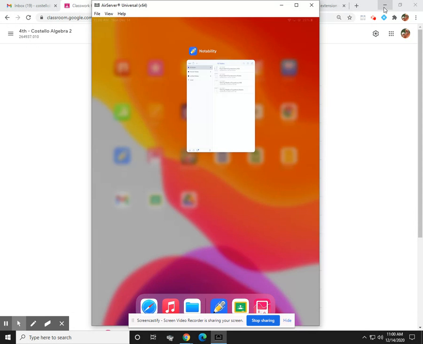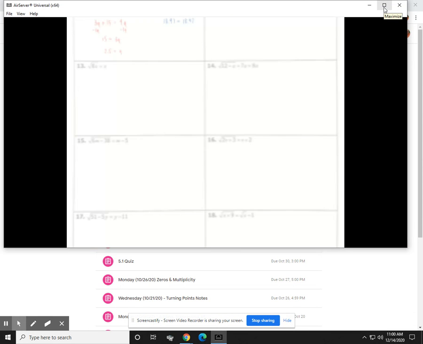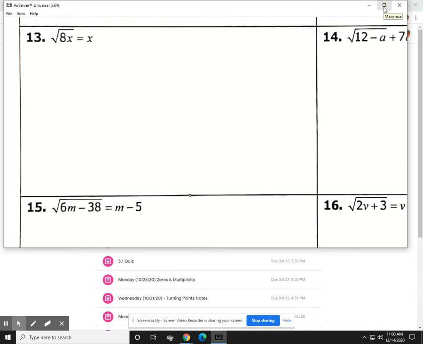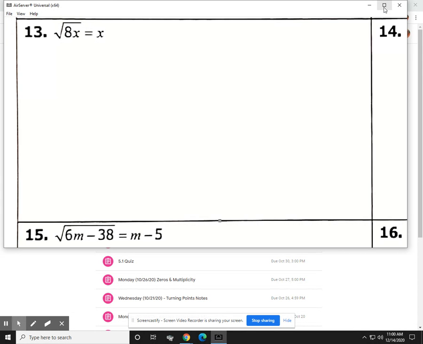Let's look at number 13 and 15. That's what we're going to look at today. Yeah, note sheet. Your 13 should look like this right here. Square root of 8x equals x.